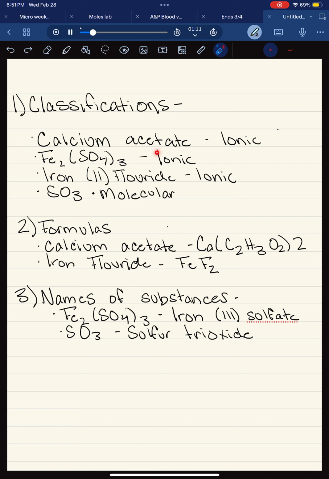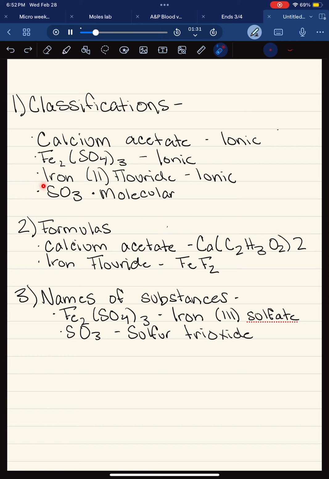And then we have our iron fluoride here, which is also going to be ionic because we have, once again, the ions of iron and the fluoride ions, which come together to make that charged, ionic bonding there.